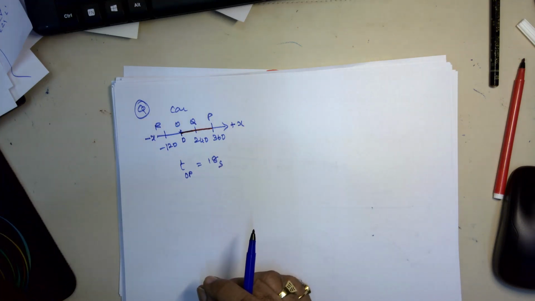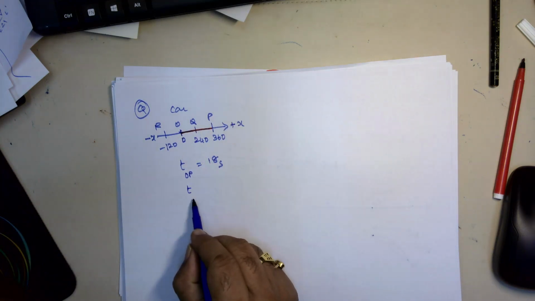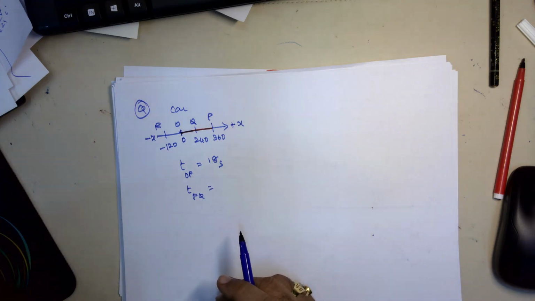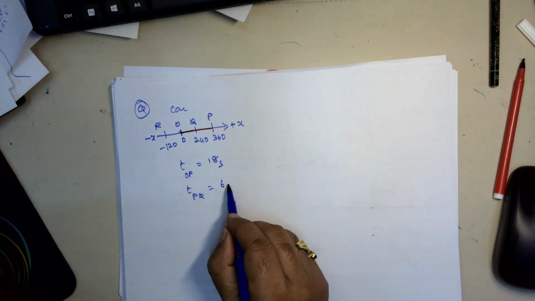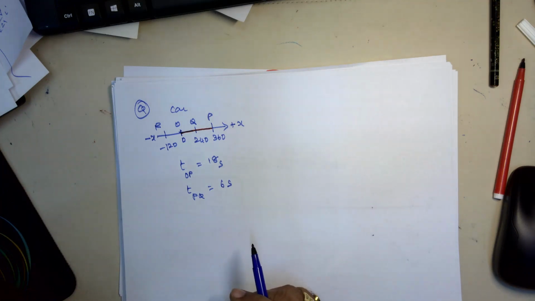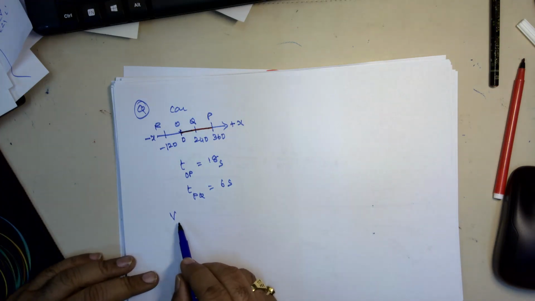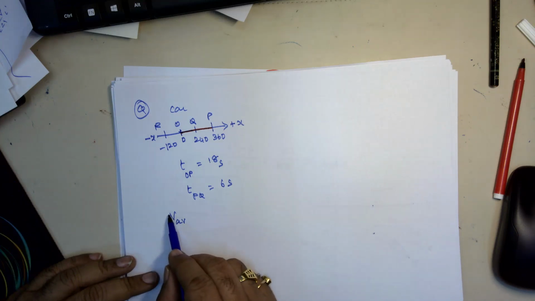And it returns from P to Q in 6 seconds. What are the average velocity and average speed?